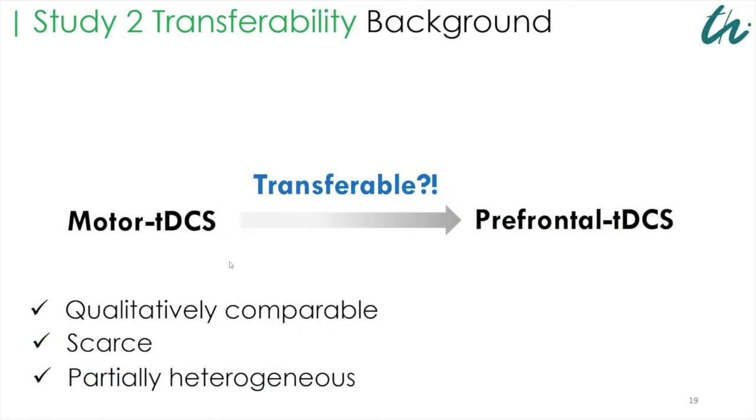Therefore, regarding transferability of the results from motor to prefrontal cortex, we saw some qualitatively comparable results, but the number of studies is scarce, and the results are also partially heterogeneous.